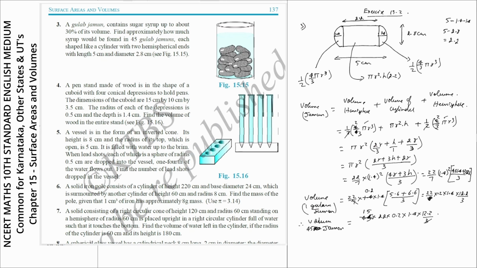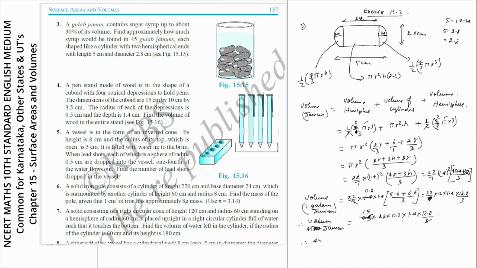Now it is given that one gulab jamun contains 30% of syrup. That means in each gulab jamun there is 30% of syrup. Therefore for 45 gulab jamuns what is the syrup, that's the question.